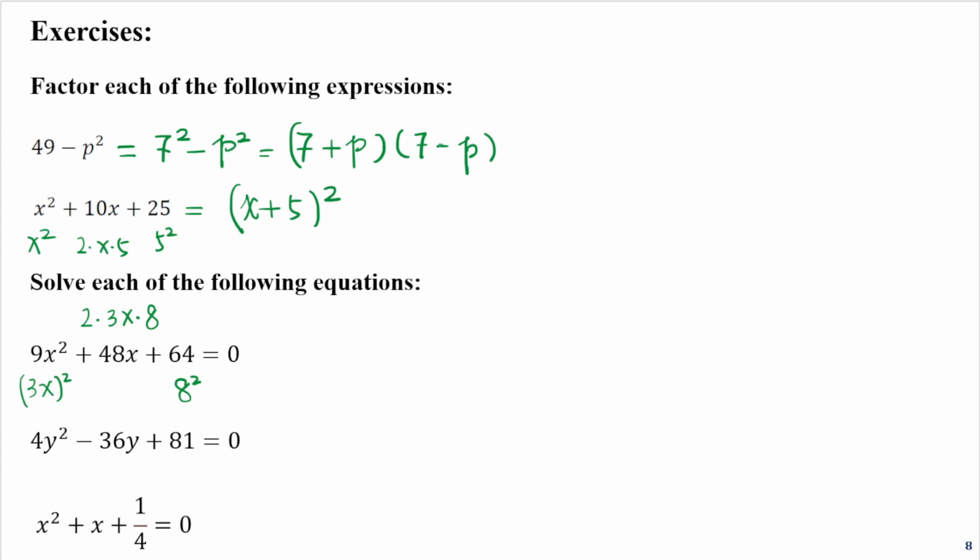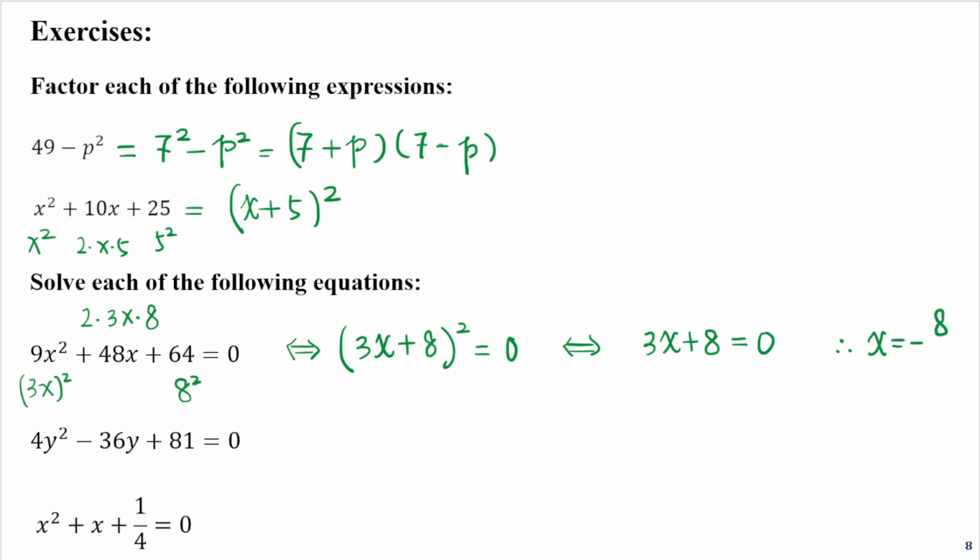So this original equation is equivalent to (3x plus 8) squared equals 0, right? After the transformation, we didn't change its solution set, so we can just solve the new equation here. If you have something squared equals 0, apparently 3x plus 8 must be 0, and therefore the solution is x equals negative 8 over 3.